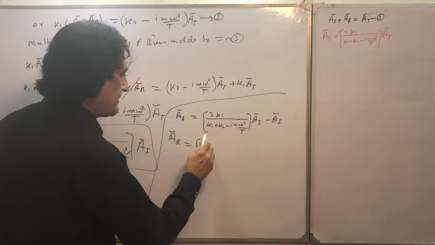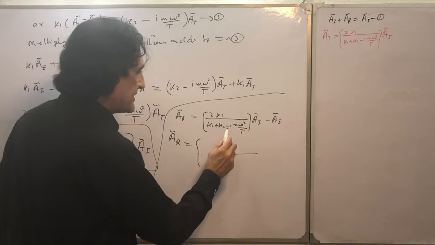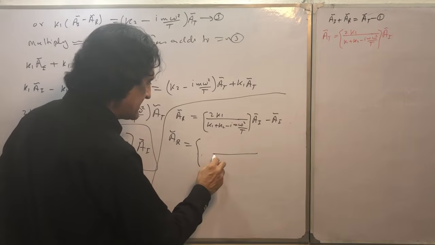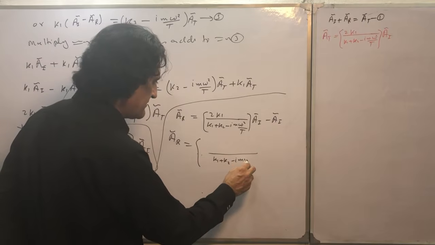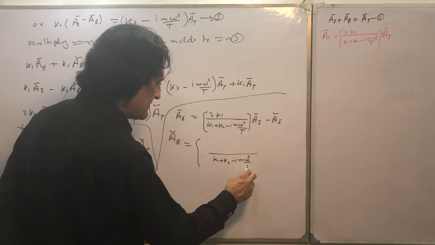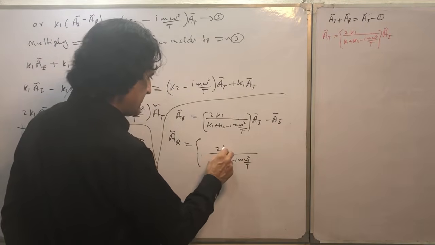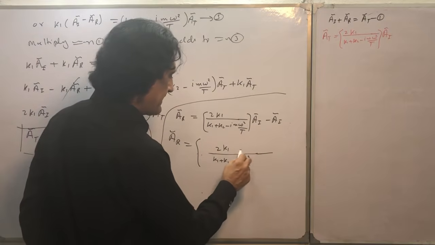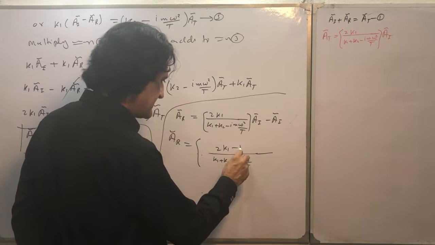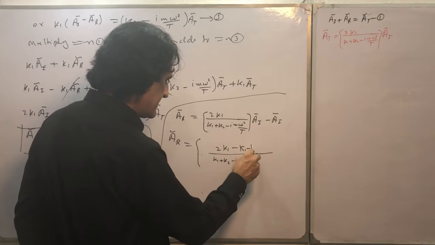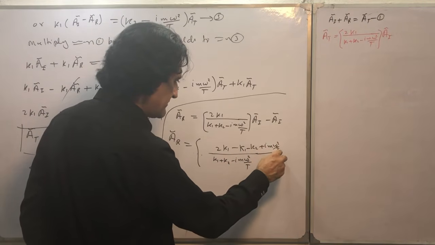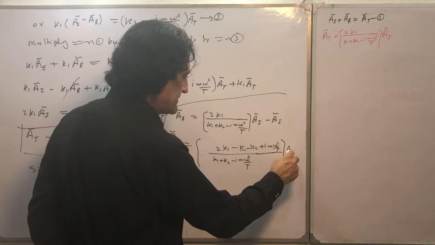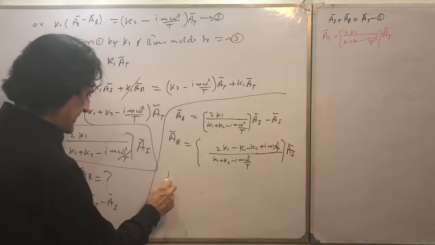So take common, and also take the LCM, K1 plus K2 minus iota m omega square divided by T. Then this is 2K1 minus K1 minus K2 plus iota m omega square divided by T, times AI.